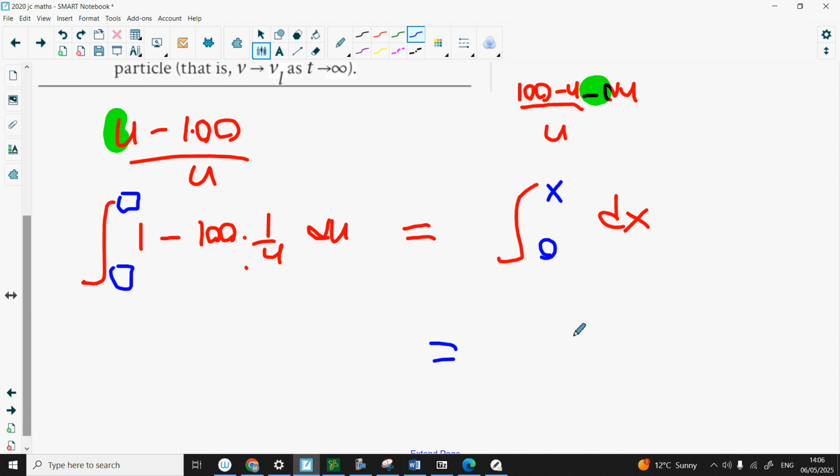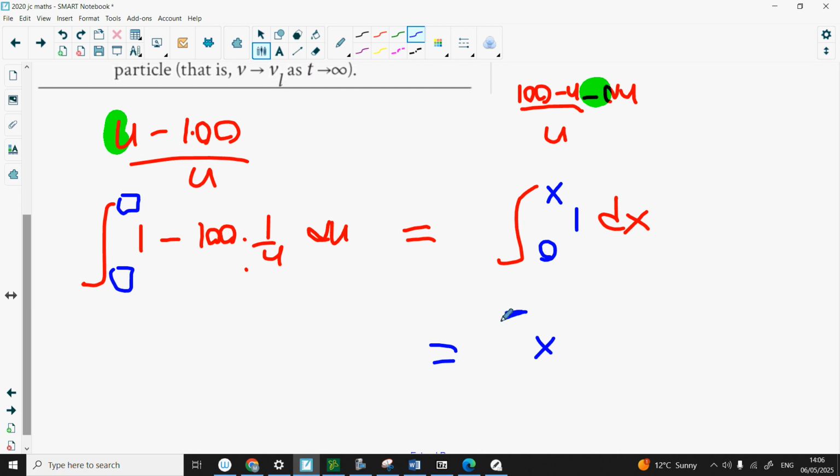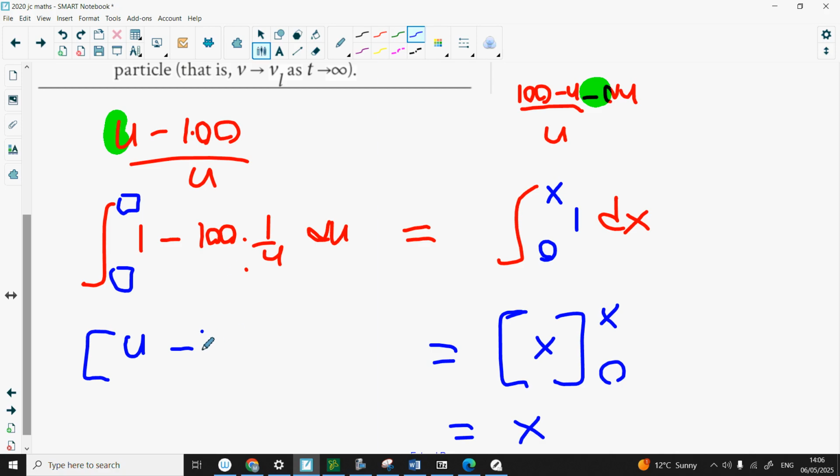What do we get then? X from x to 0 equals x. And what happens when I integrate this? U. Integrate 1, it's u. Integrate 100, it's 100. Integrate 1 over u. What do you think? ln u.